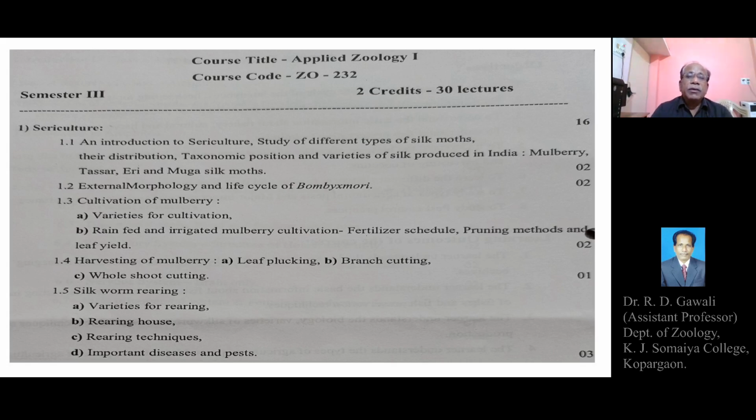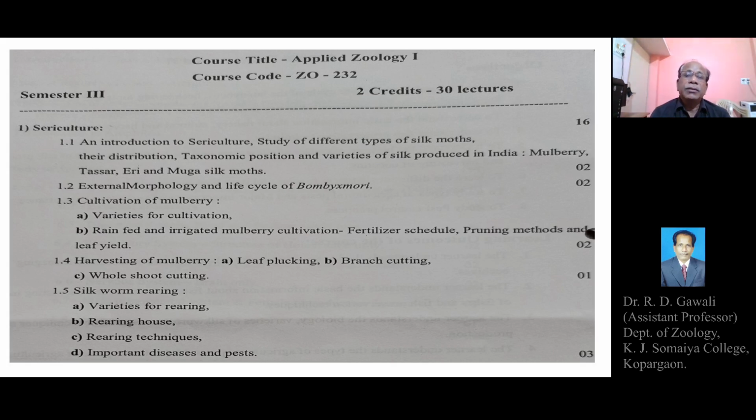This subtopic 1.5 again has several steps. The first point is varieties for rearing. There are three varieties of the mulberry silk moth: univoltine, bivoltine and multivoltine.